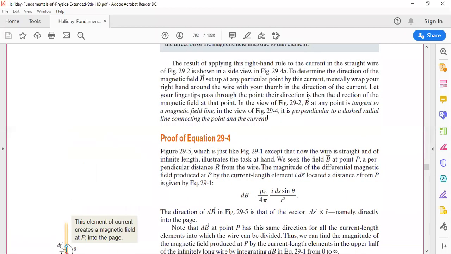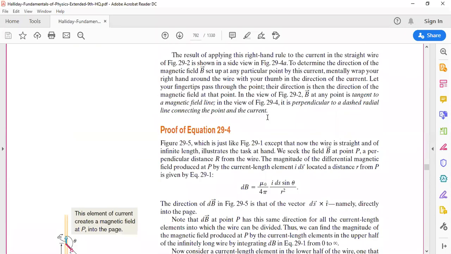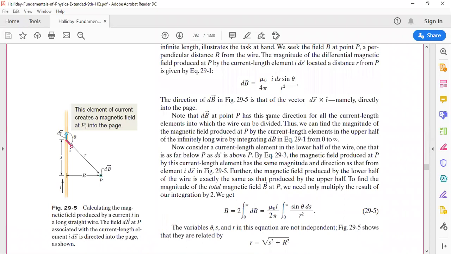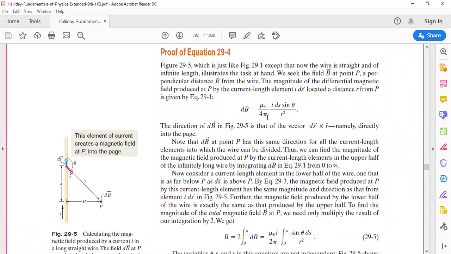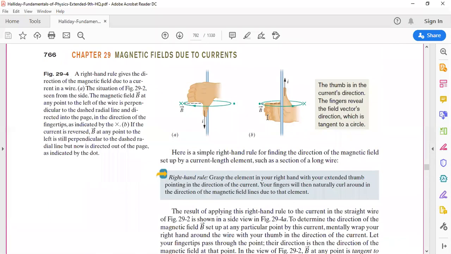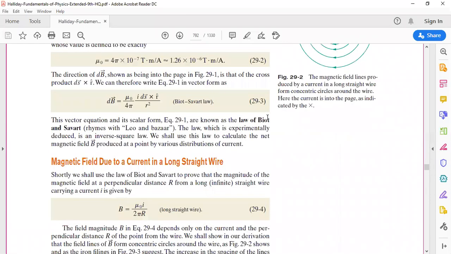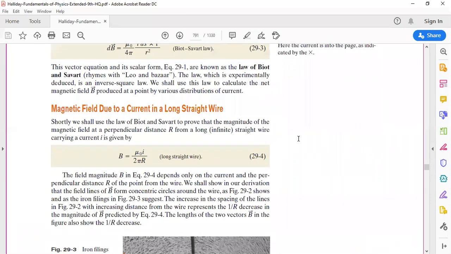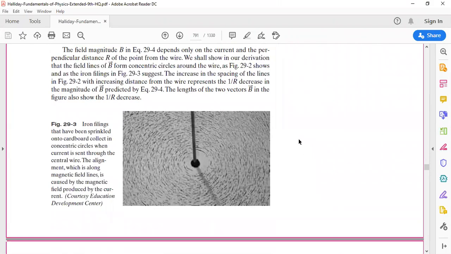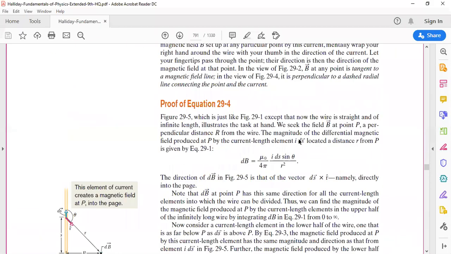Because, sir, this is magnetic field due to a current in a long wire, not an infinitely long wire. Yes. So here we have considered the length to be unknown to us. Because this is a straight wire with uniform current, this can be extended to any length.